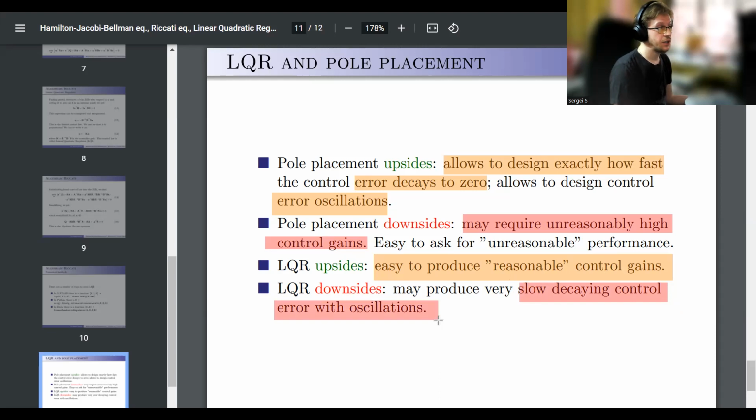So if you use LQR, it's very easy to get performance which is not very good. Both of them have advantages. Pole placement gives you exactly what you want to have, but you can easily ask for something bad. LQR usually gives you something good, but it's often not giving you what you really care about. So performance can be jeopardized.